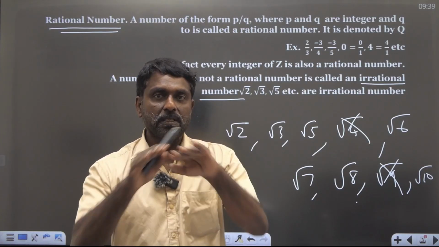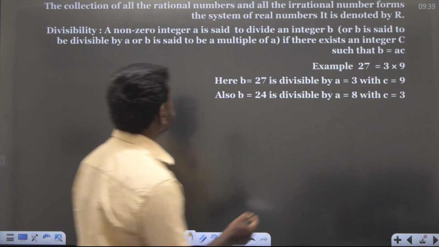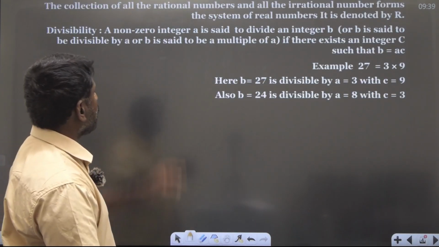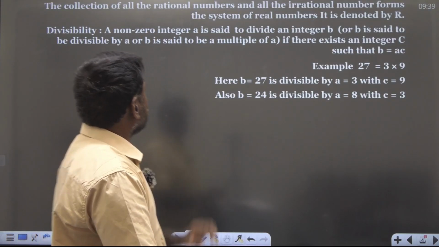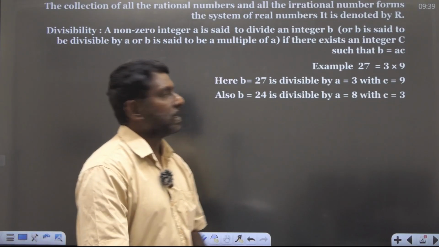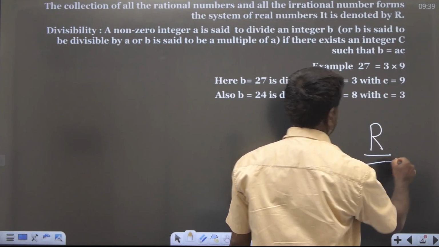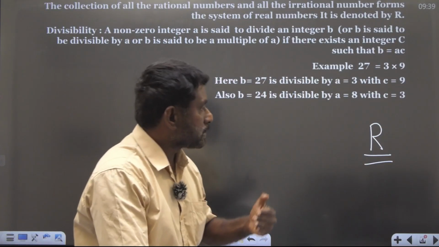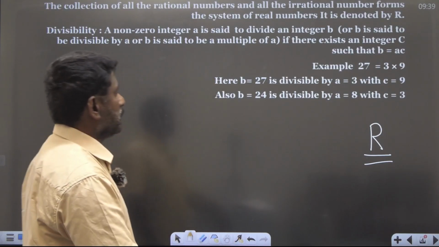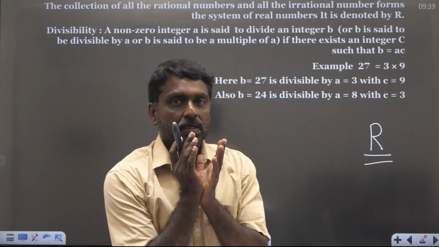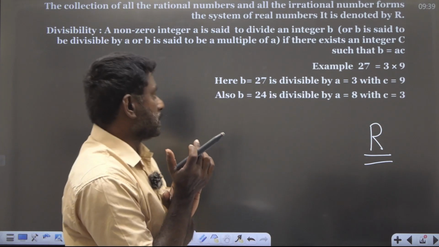In the real number system, the collection of all the rational numbers and all the irrational numbers forms the system of real numbers. It is usually denoted by the letter capital R in mathematics, used to represent the real numbers. The real numbers include irrational numbers and rational numbers.